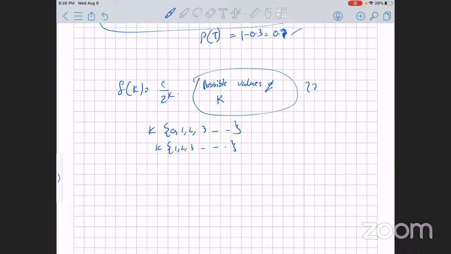It should be 0, 1, 2, 3. Look, they didn't give k. K can start from 0, 1, 2, 3 or 1, 2, 3.